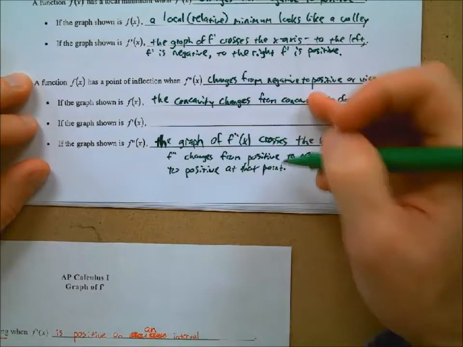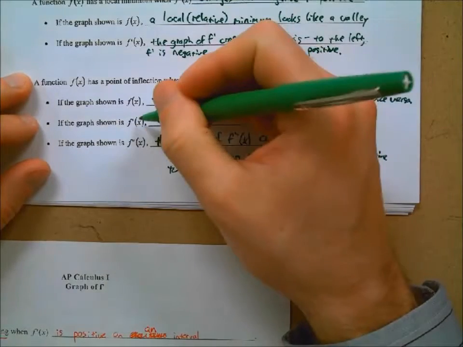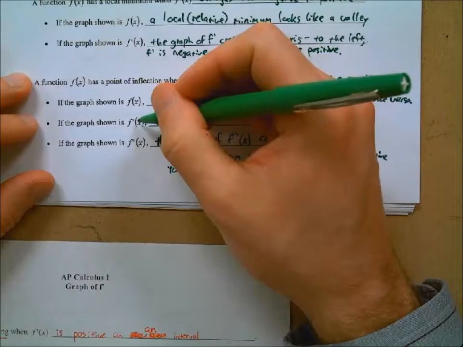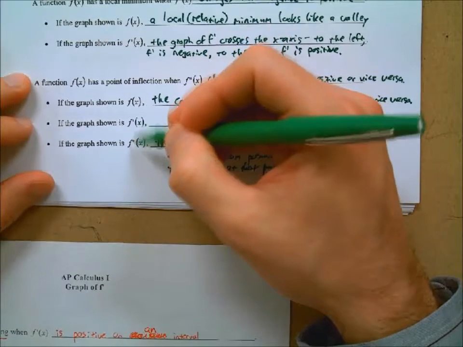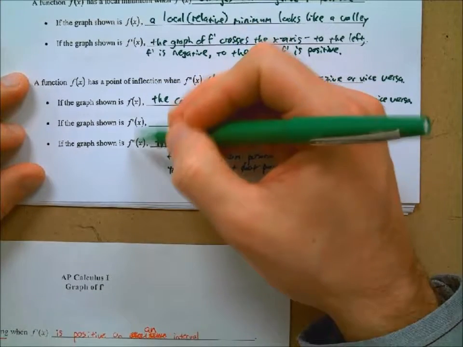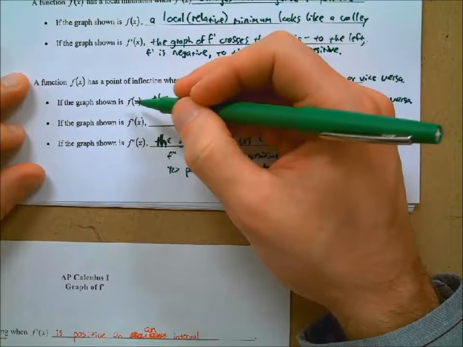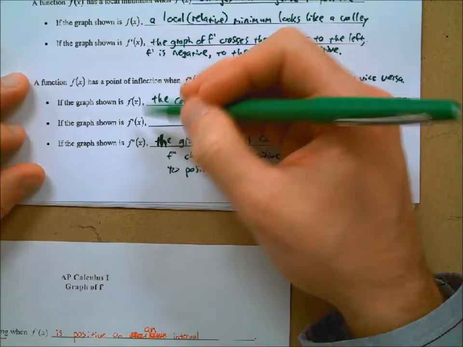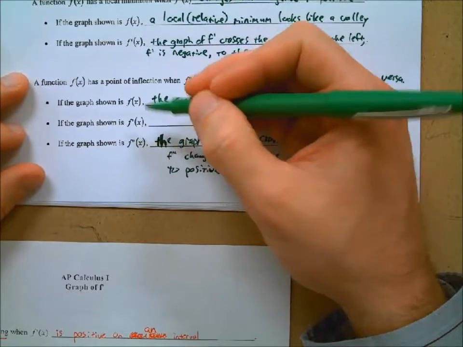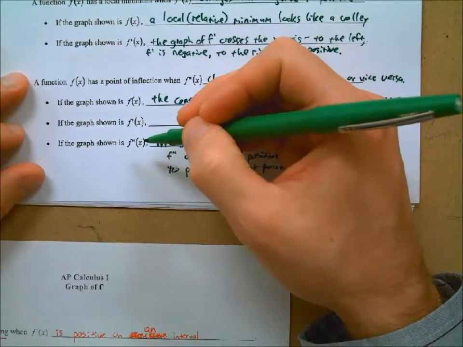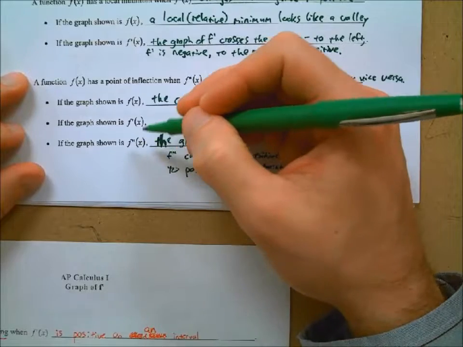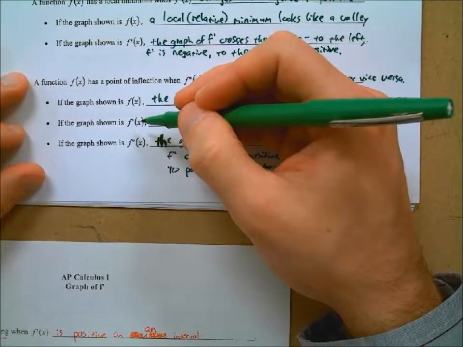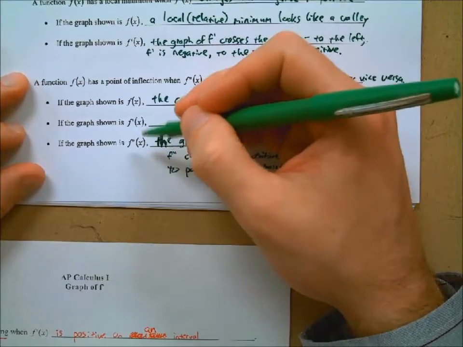And if the second derivative is positive, the first derivative will be increasing, okay? Because f prime and f double prime are related to each other in a similar way that f and f prime are related, right? Where f prime is positive, f is increasing. Where f prime is negative, f is decreasing. So, where f prime prime is positive, f prime will be increasing. Where f prime prime is negative, f prime will be decreasing.